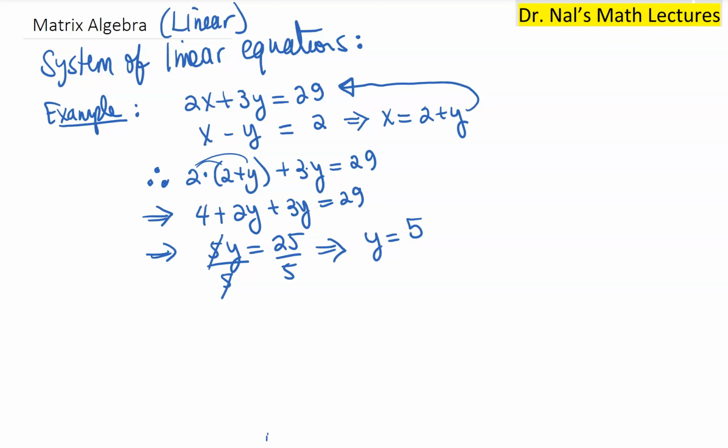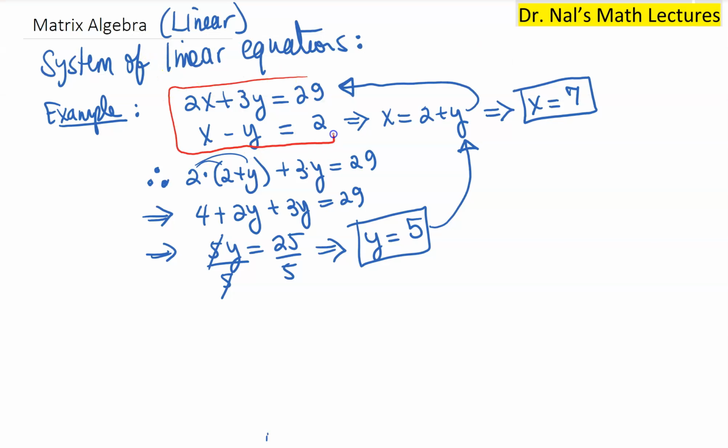And from here we can substitute this value into our expression again. That would imply that x is simply equal to 2 plus 5. That's just a 7. That's it. So we were able to solve this system of two linear equations, all right, so both equations are clearly linear.